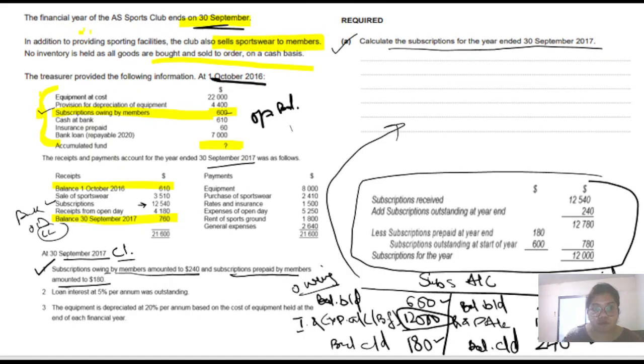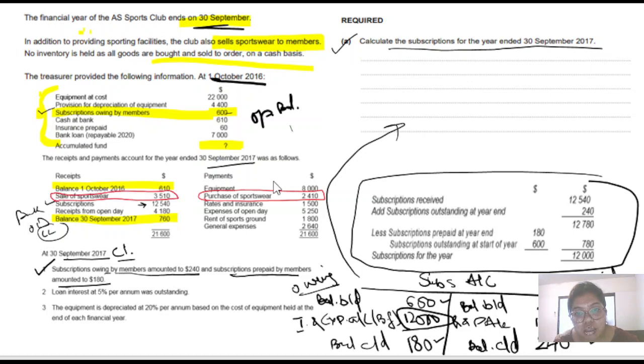Because in this it is clearly said that purchase of sportswear is 2410, okay, and the sale of sportswear is 3510.